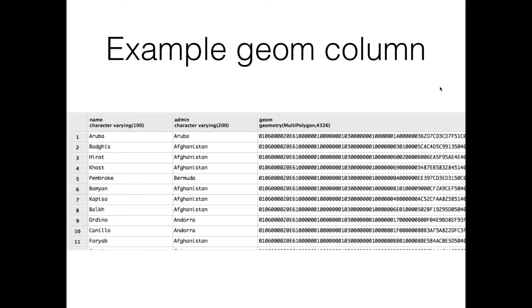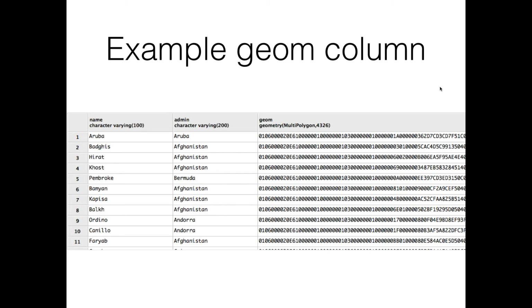So what does it look like when we put this geometry object in our data? If you go into a table with the geom column, as it's usually called, you'll see something like this. This is out of our lab database. We've got the name of the country it looks like, and the admin. Oh, this might be like a city or a county or something.